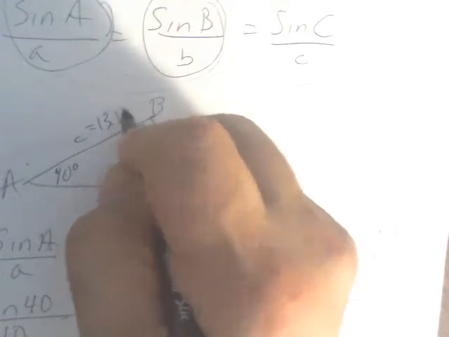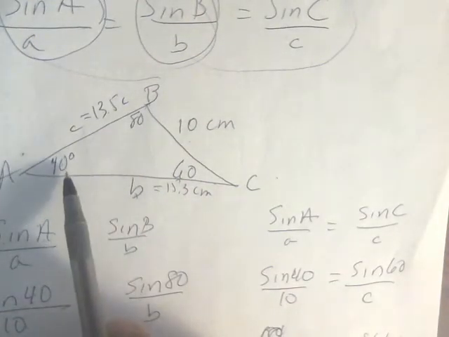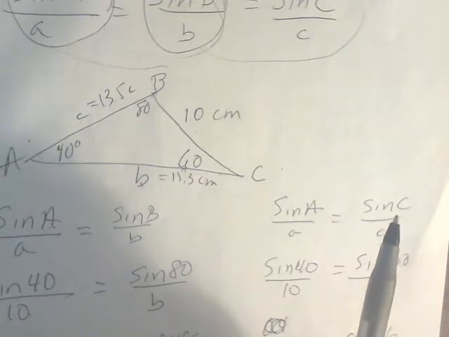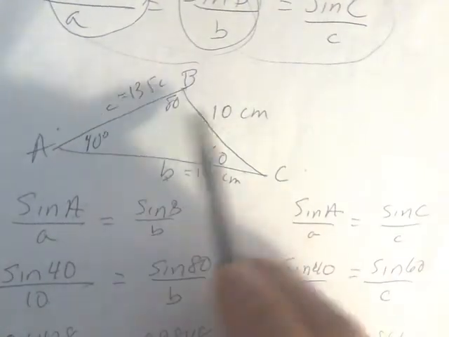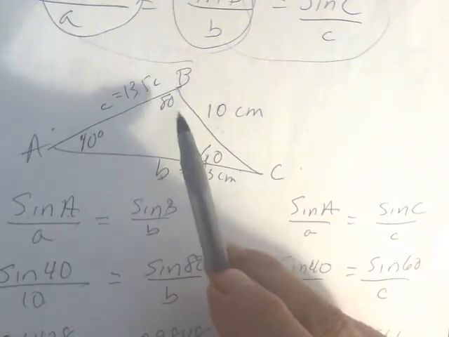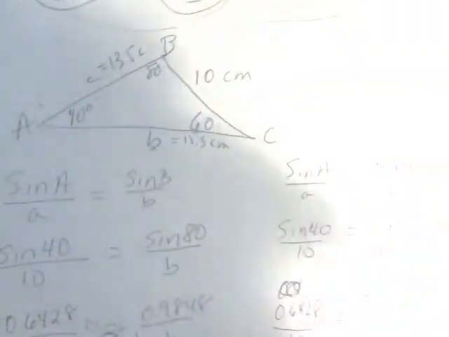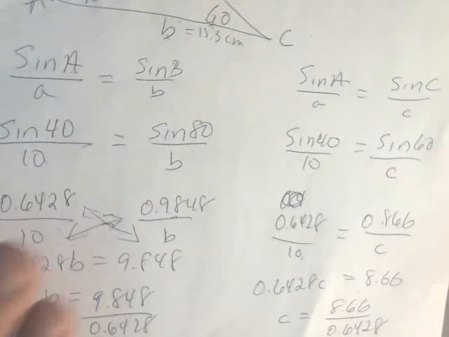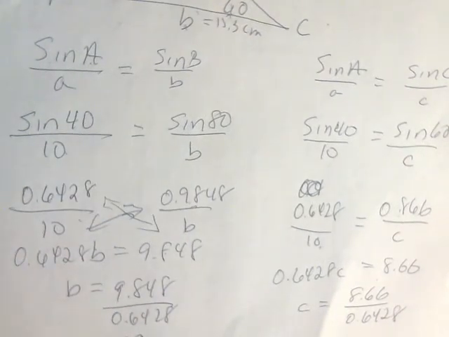And it holds true because the smallest angle should be opposite the shortest side. And 40 is opposite 10, 60 is opposite 13.5, and 80 is opposite 15.3. Okay, so that's an example of how to set up these ratios and then making sure you cross multiply correctly.